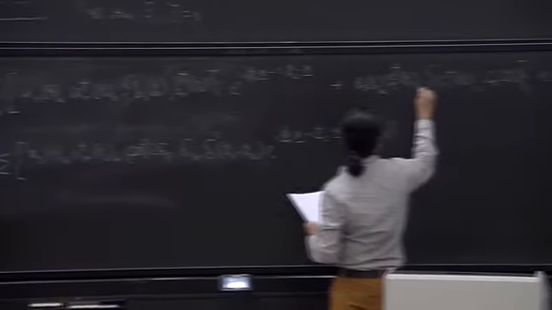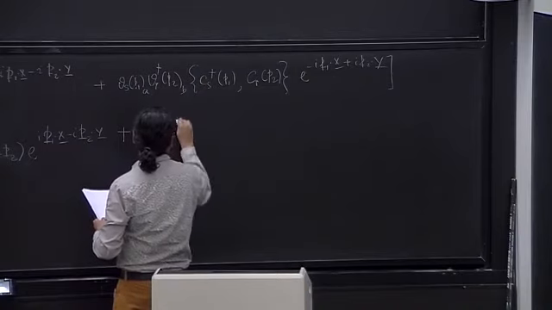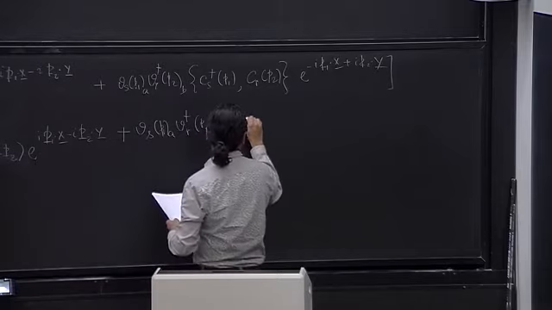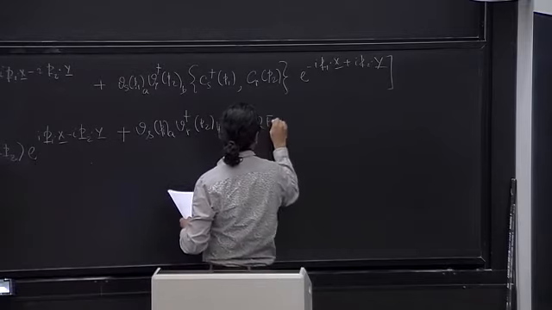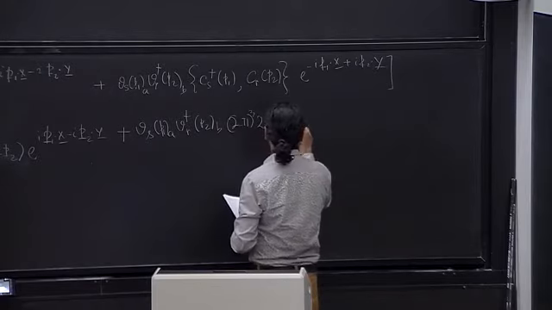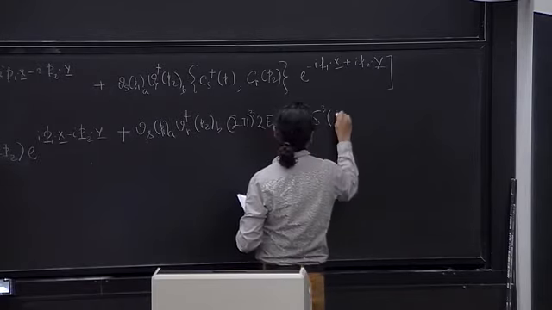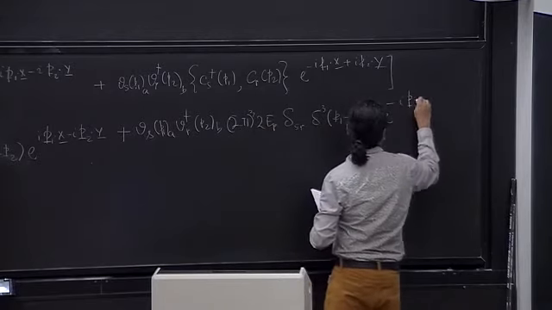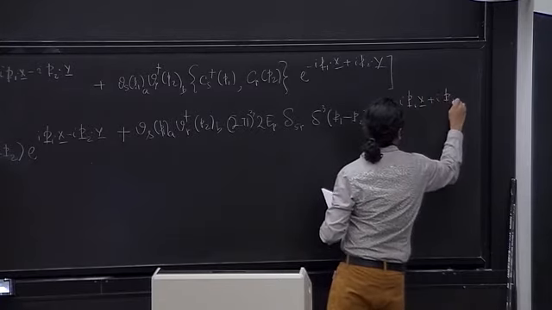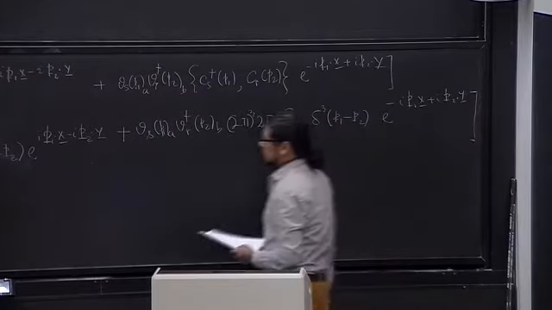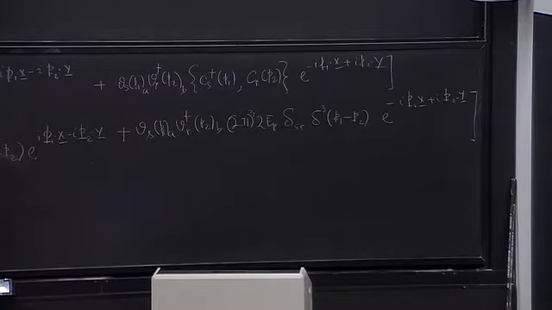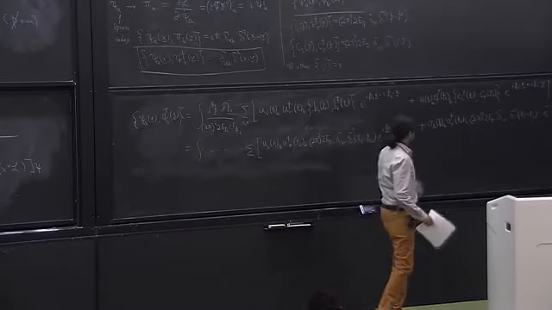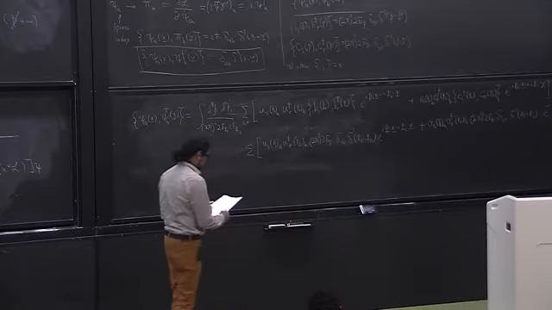I forgot a and b here. p1 a, v†_r, p2 b, and then we have (2π)^3 2E_p δ_sr δ^3(p1 minus p2) e to the power minus i p1·x plus i p2·y. Whew. My alignment went out of alignment there.